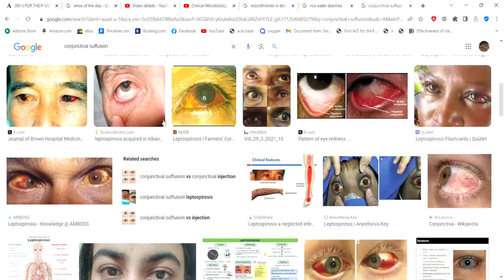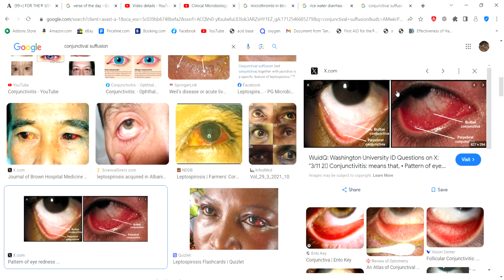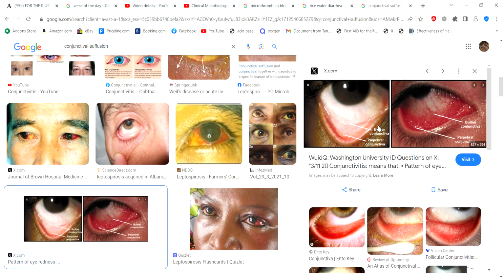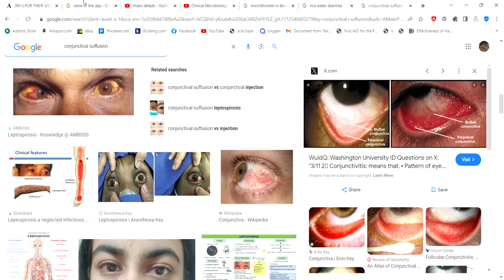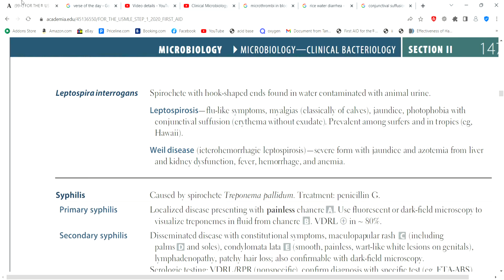Okay, so that's what that is. It's not runny. It's highly inflamed, and it's seen in leptospirosis, with photophobia. They can't see light. Prevalent among surfers and in the tropics, like in Hawaii.